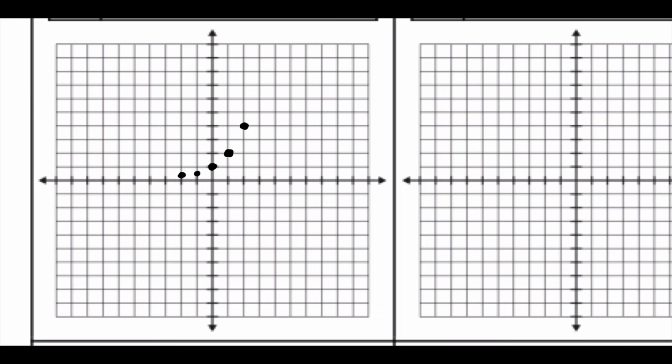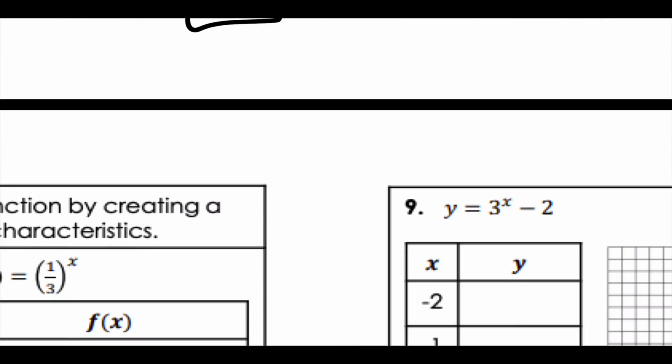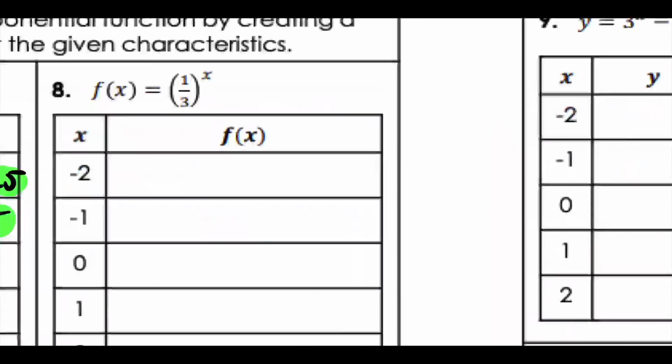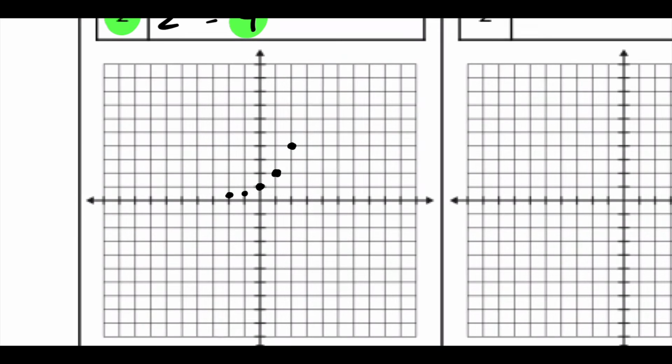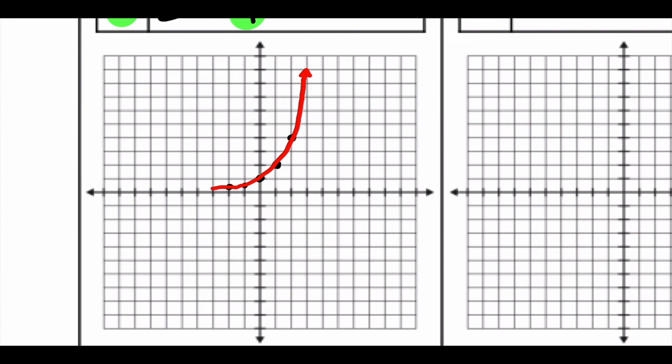It's growth, right? It looks like the red one from the front. So I'll draw it in red. Now you're just going to connect the dots, sketch it as best you can. It's a curve, so it's not a straight line at all, but do the best you can.